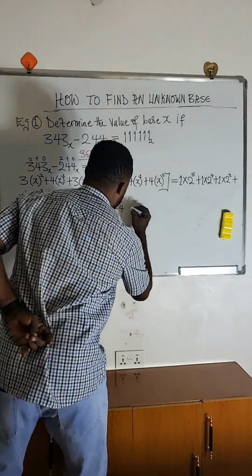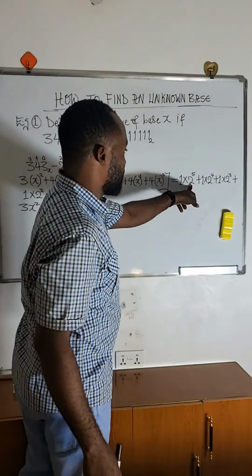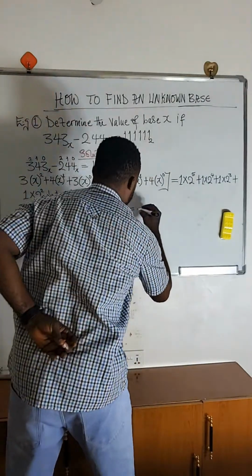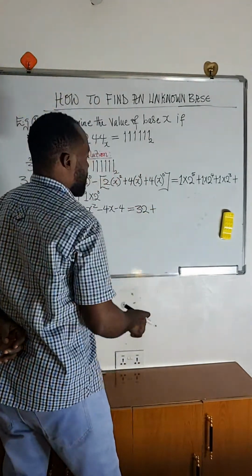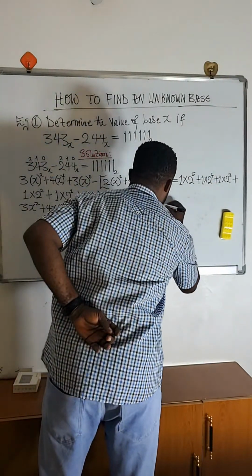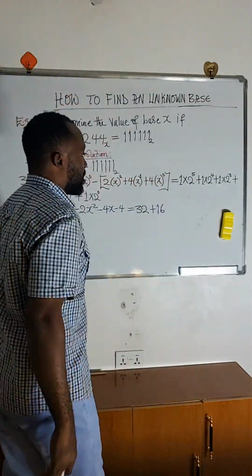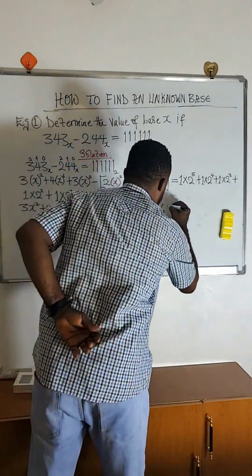Equals to, we are going to this place. 2 raised to the power of 5 is 32, plus 2 raised to the power of 4, that will be 16. 2 raised to the power of 3 is 8.